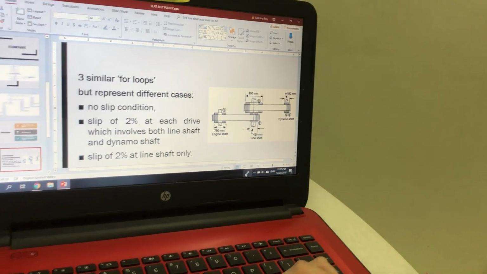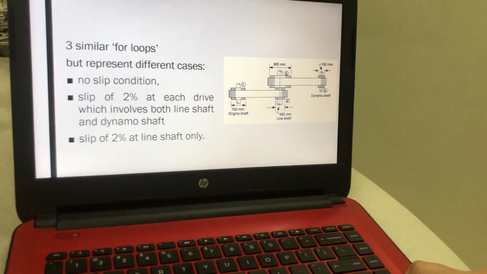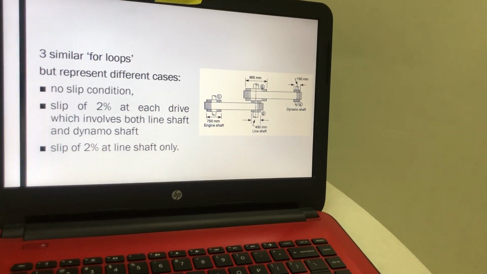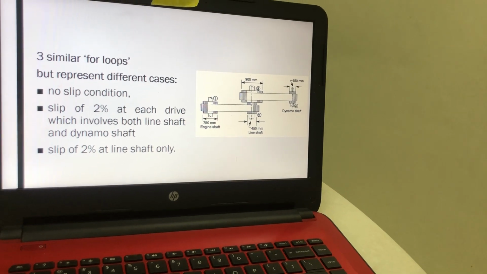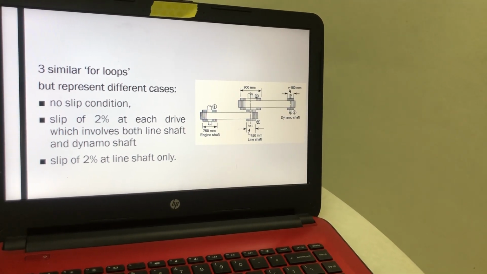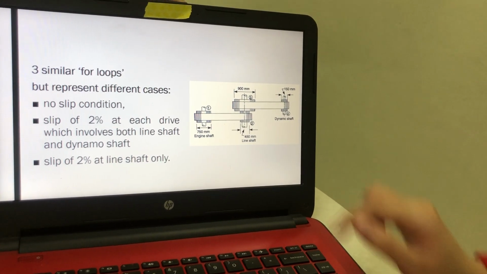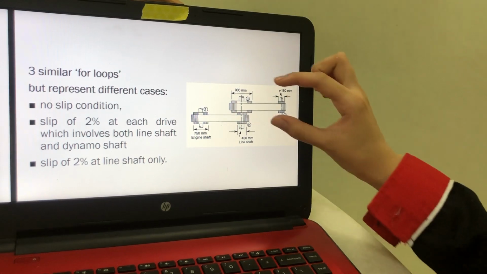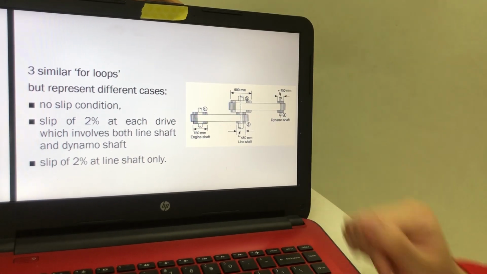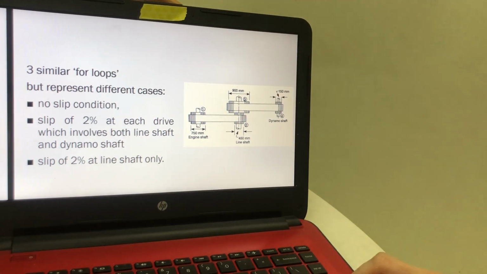The next one, this diagram is where my idea comes from. There are 3 similar loops, but they represent the 3 different cases I mentioned before: the non-slip condition, slip of 2% at each drive, which involves both the line shaft and the dynamo shaft, and the last one, the slip at the line shaft only.